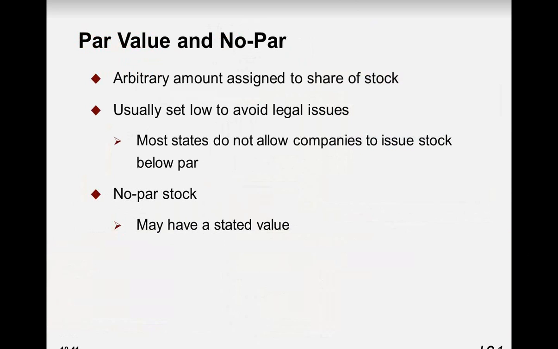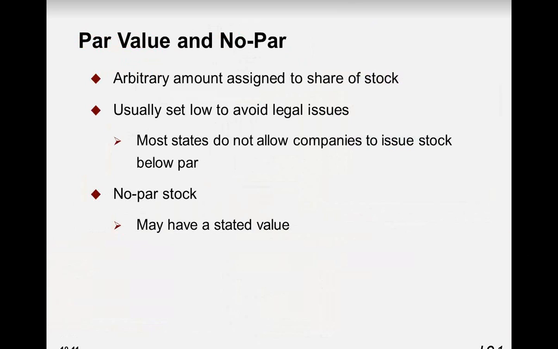So what is the difference in par value and no par value? As I said, you heard me mention that par value was the arbitrary amount assigned to the share of stock. These arbitrary amounts that are assigned are usually set to a low amount to avoid legal issues. Most states do not allow companies to issue stock below par.